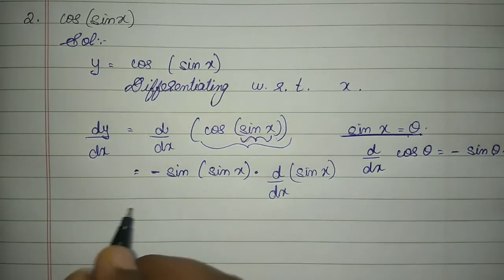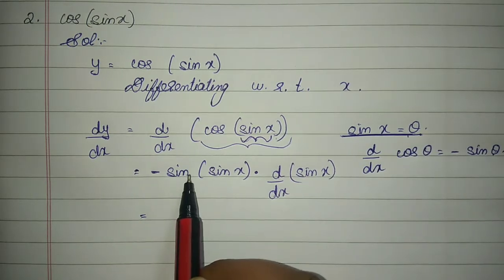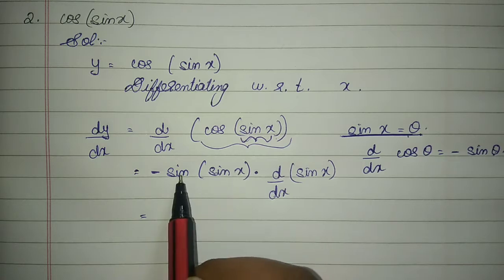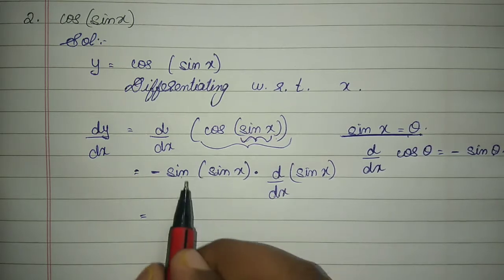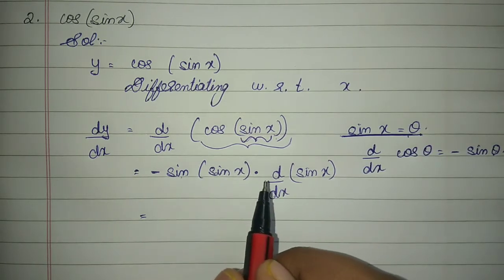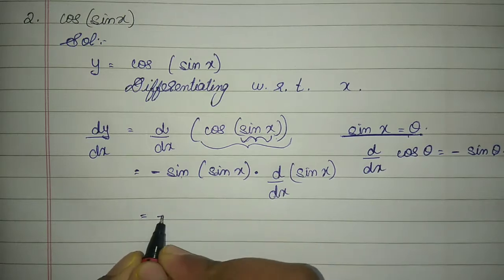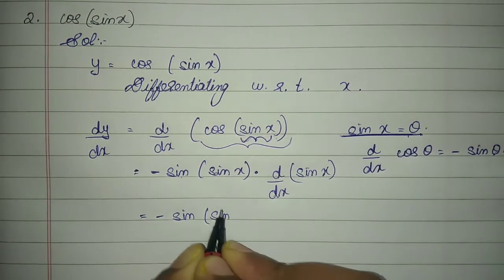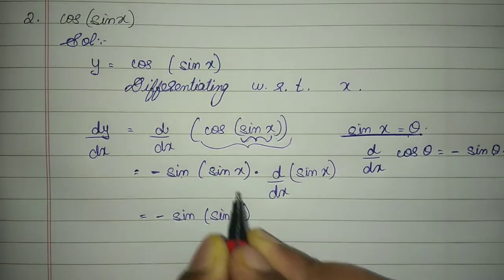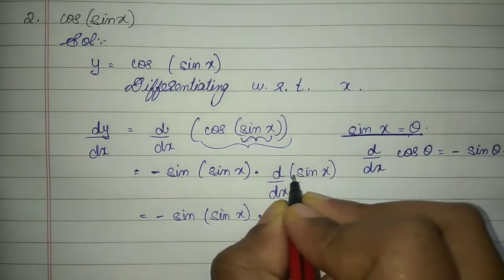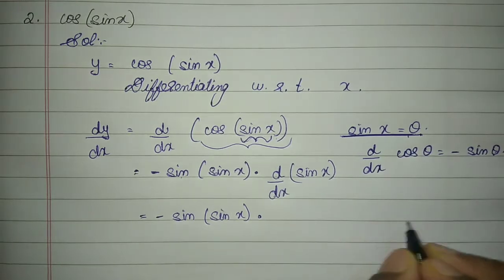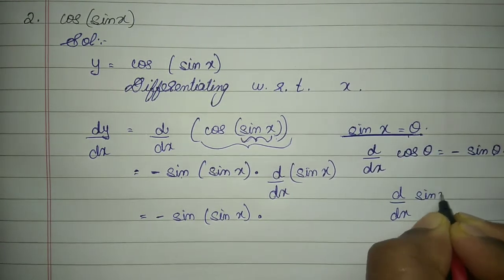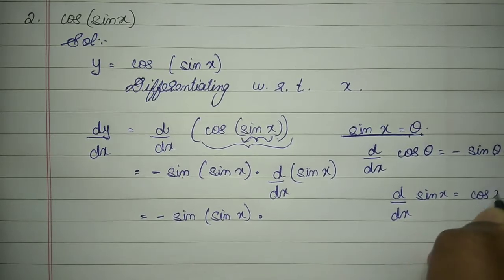Okay, so in the next step, you should not write this as sin square x. Sin x is a function of sin, so you should not write it as sin square x. It should be minus sin of sin x. This is not multiplication. Here we know that d by dx of sin x is equal to cos x.